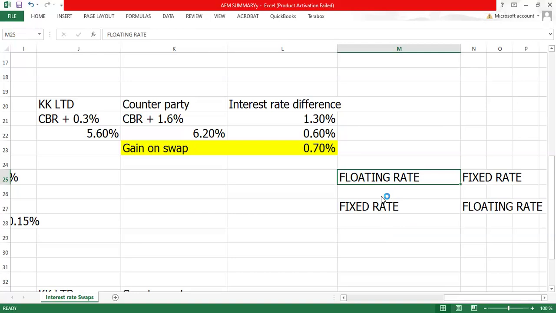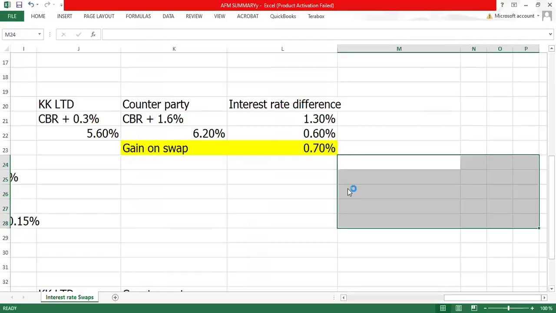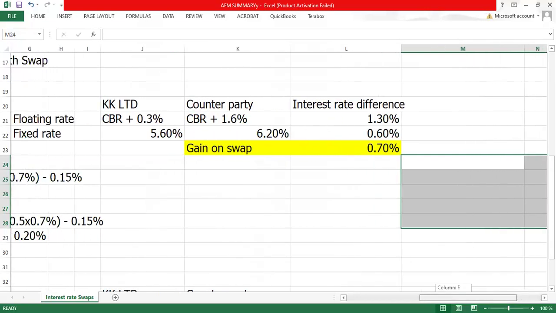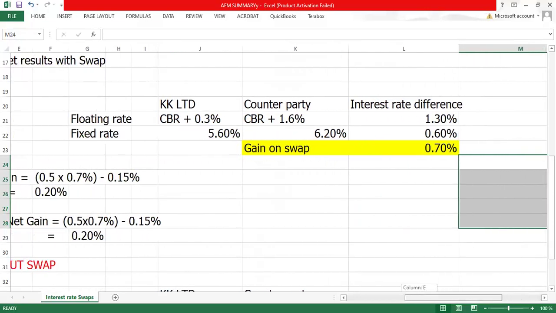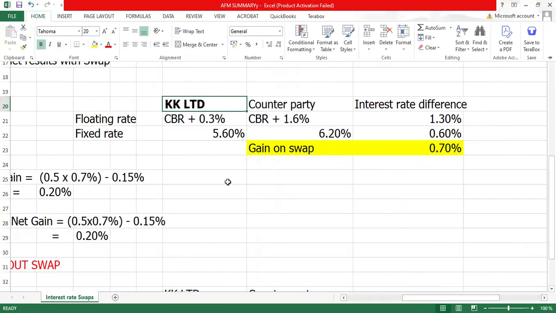Okay, what do I mean? You have these rates. This is your company hedging.